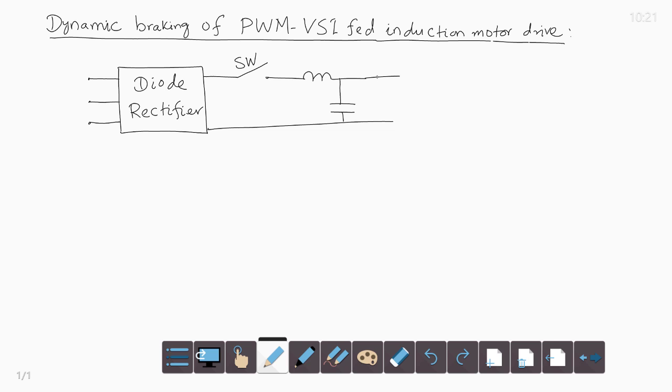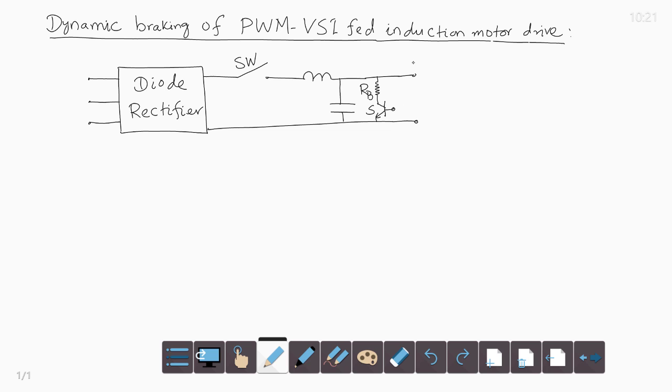Then we have a switch S and a resistance RB, braking resistance, in series.